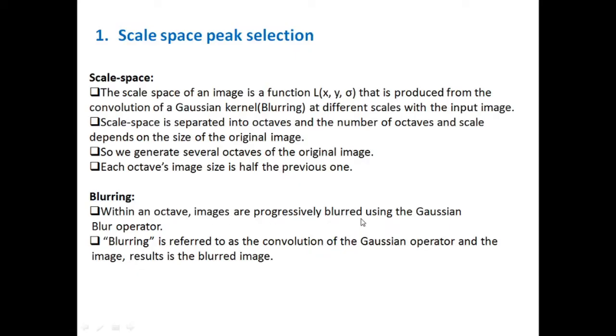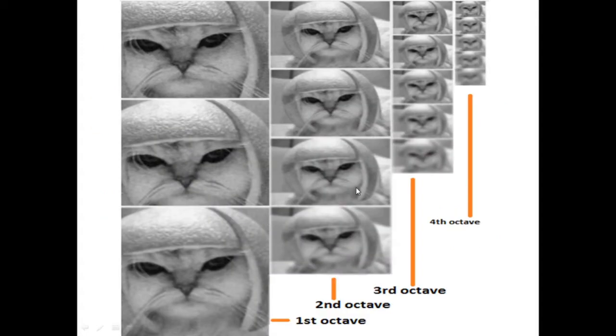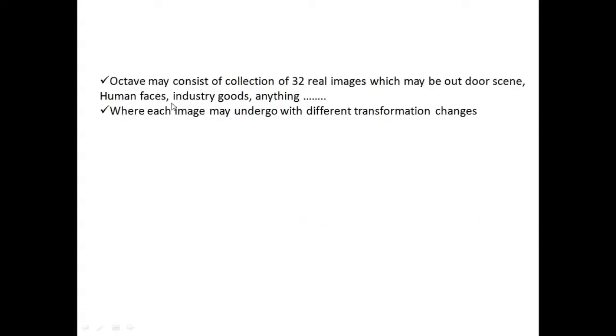Blurring here is referred to as the convolution of the Gaussian operator and the image, resulting in the blurred image. So this is about the scale space, which consists of the octaves and scales for each octave.